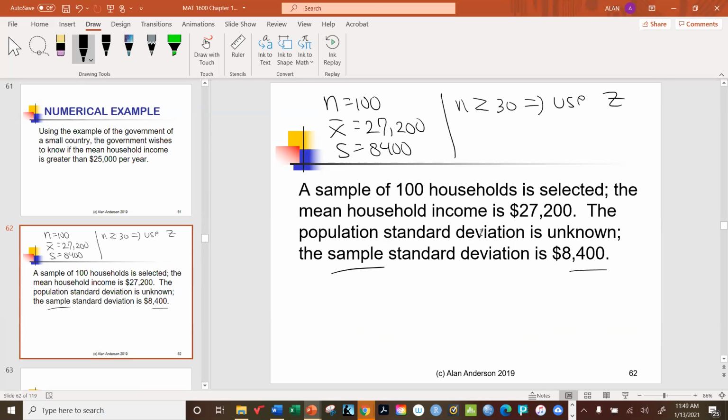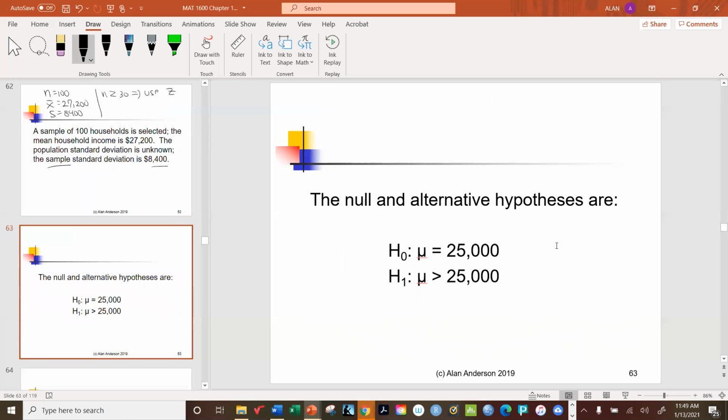All right, so what would that look like? Here we go. And yes, indeed, it is in fact a right-tailed test. All right, so the question is whether or not we have enough evidence to suggest that the mean is in fact greater than $25,000.